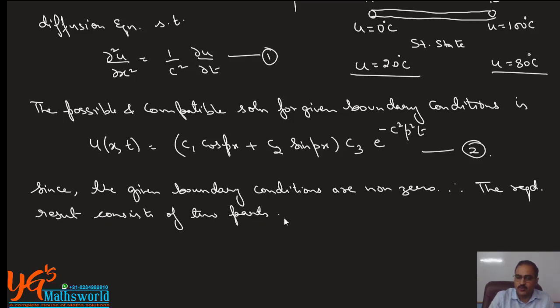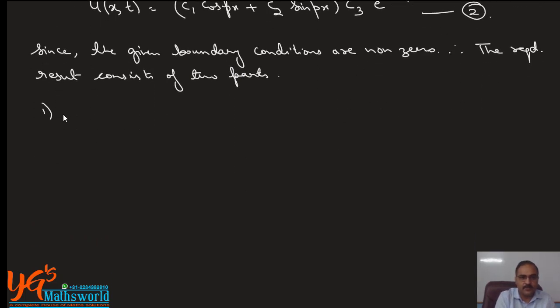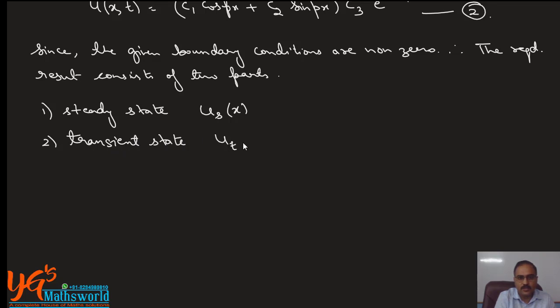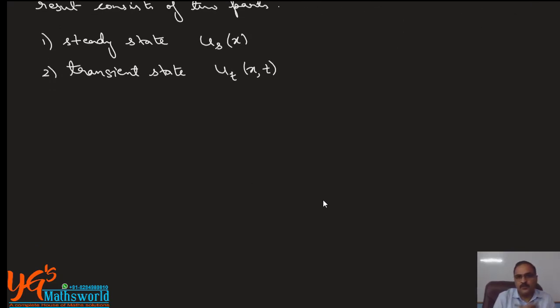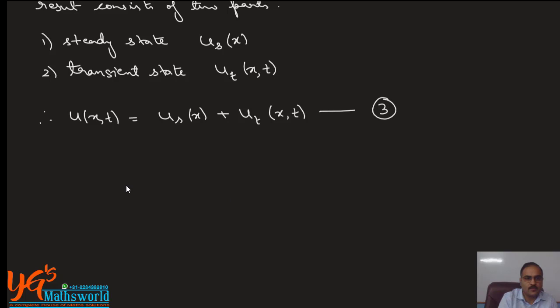Which two parts? Number one, the steady state, which is written as us(x), and number two, the transient state, which is ut(x). Therefore the final u(x,t) will be equal to us(x) plus ut(x,t), and that is your equation number 3.